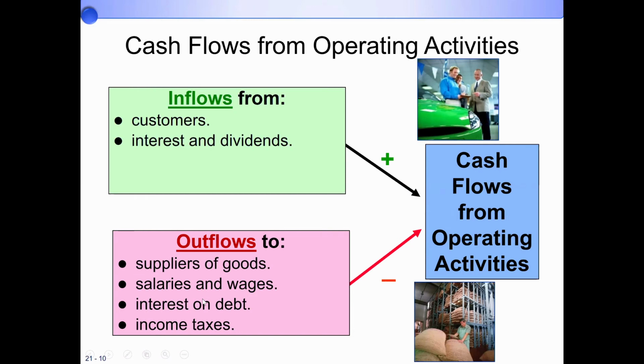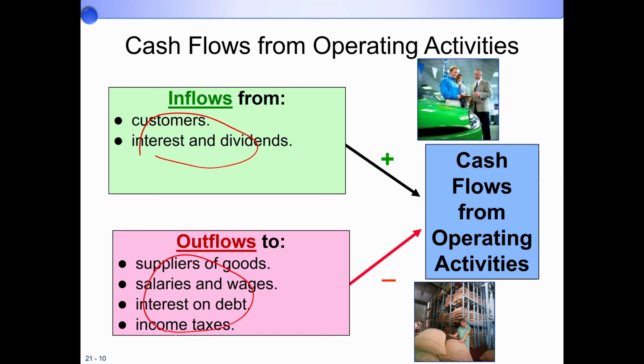So those cash inflows relate to our revenues, right? Inflow from customers relates to our sales revenues, right? Inflow from the interest or dividends relates to our investment revenues. So those are revenue related. Outflows are those expenses related cash flow activities.